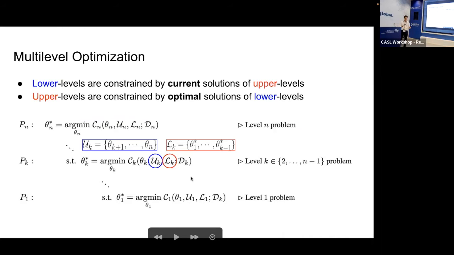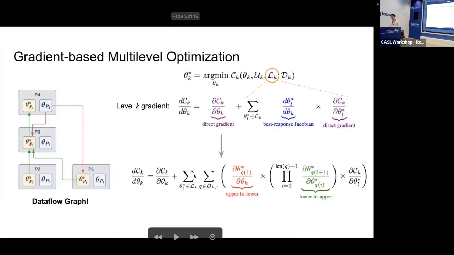There are actually multiple ways to solve this multi-level optimization problem, like Bayesian optimization, as was presented earlier today, and evolutionary strategies. But in this work, we want to focus on gradient-based multi-level optimization. This is because in the current deep learning era, a lot of optimization problems are really high dimensional, and optimization methods like Bayesian optimization and evolutionary strategies often fail to scale to this kind of large high-dimensional problem.